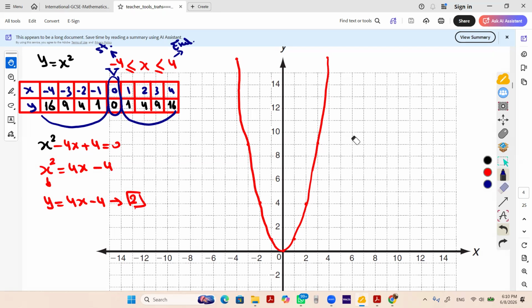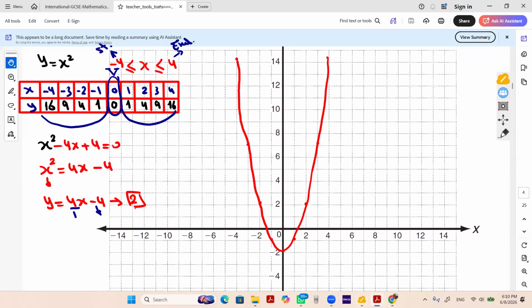First we have to draw where it intercepts the y axis. The y-intercept here is what? Negative 4. Good, bravo. And the gradient here is what? The gradient here is 4x. It's 4 over 1.